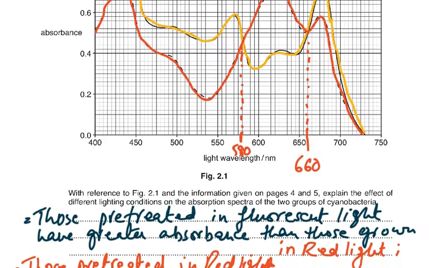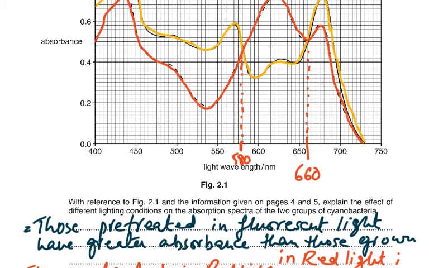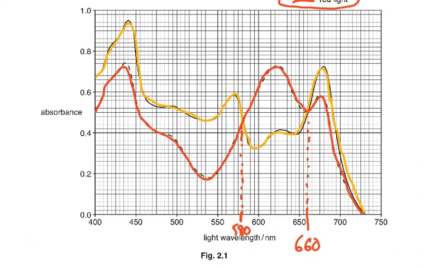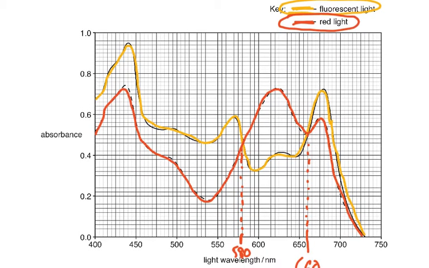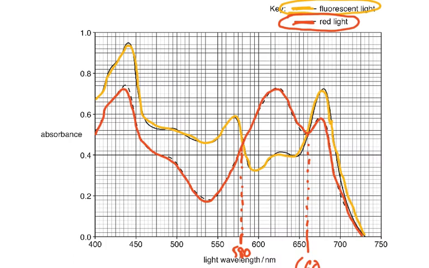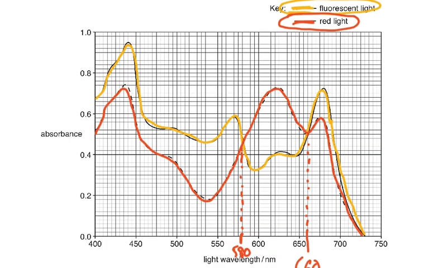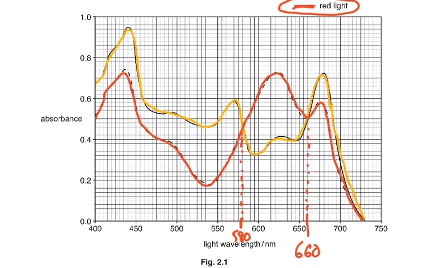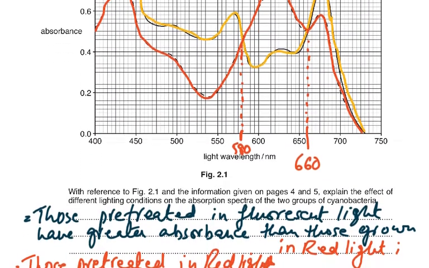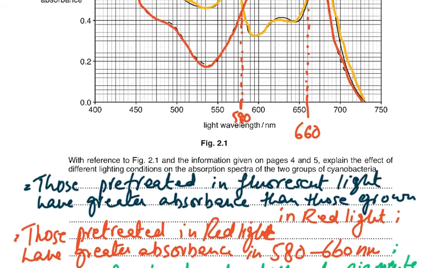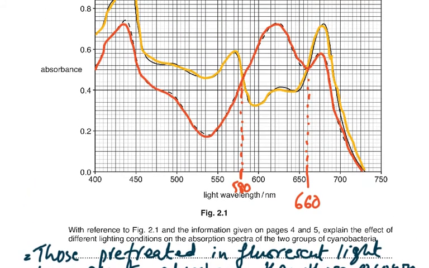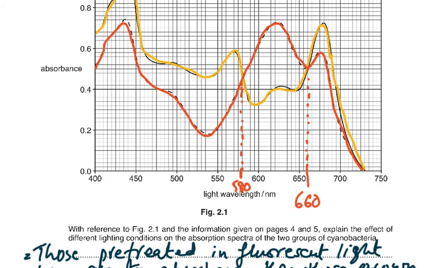So look at the mark scheme points. Those pre-treated in fluorescent light have greater absorbance than those grown in red light. Well, that comes very obvious. Just looking at the graph, at something very glaring, you had to give me that. You don't have to give me any different sort of biology. The second point was those pre-treated in red light have greater absorbance between 580 and 660. You can see where the yellow line is below and the red line is above.